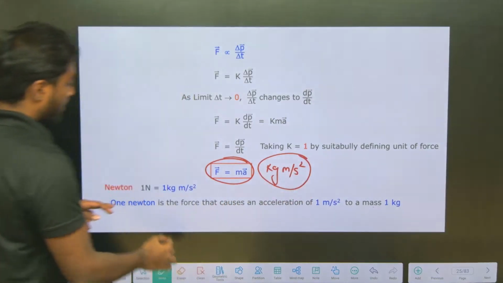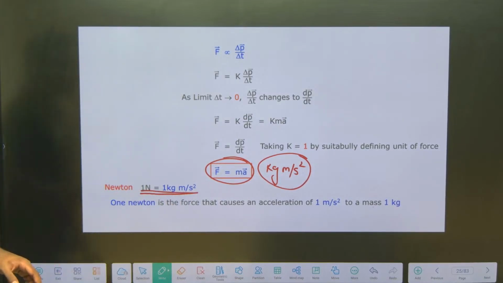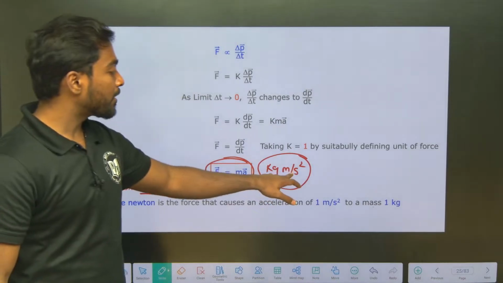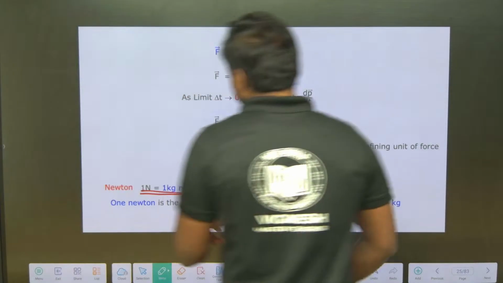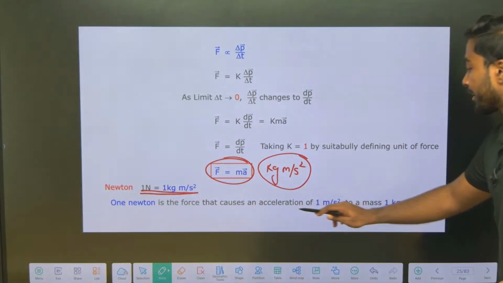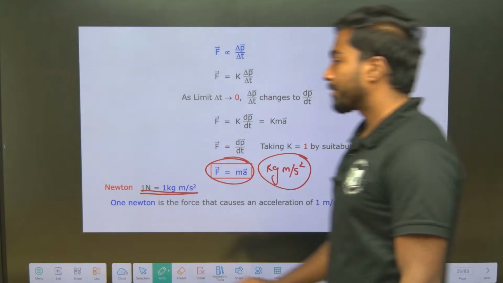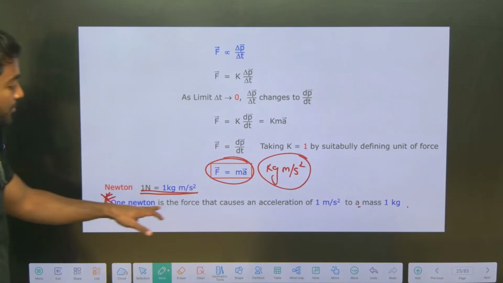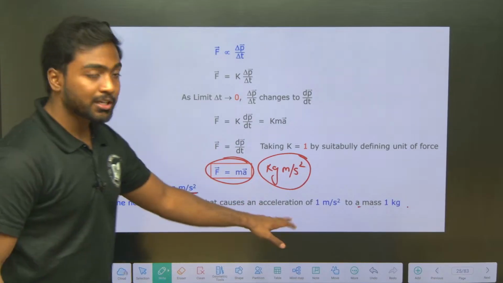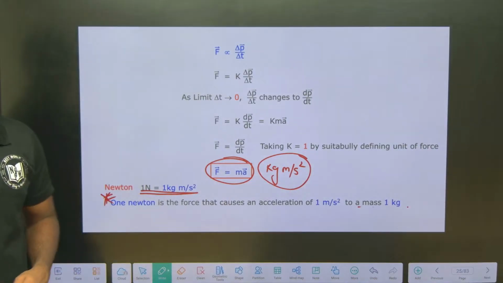So 1 Newton will be equal to 1 kg meter per second square. So 1 Newton is the force that causes an acceleration of 1 meter per second square to a 1 kg body. This is an important thing. They can ask: 1 Newton is the force that causes an acceleration of 1 meter per second square for a 1 kg body. Okay.